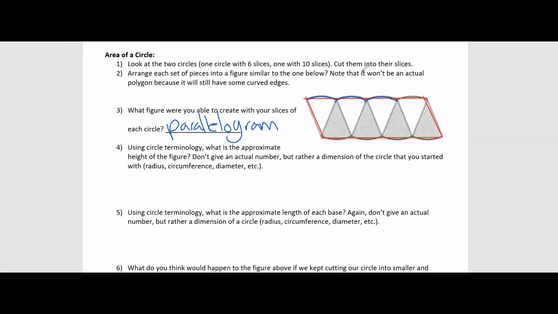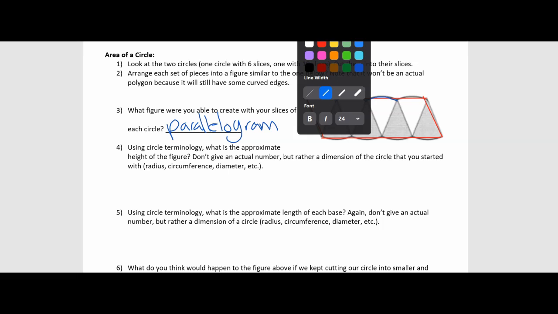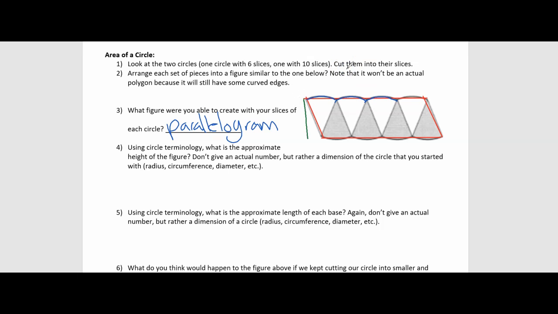Now, we can also think about what the height of the figure would be. So this height right here, is there a dimension of the circle that is close to what that height of the parallelogram would be?